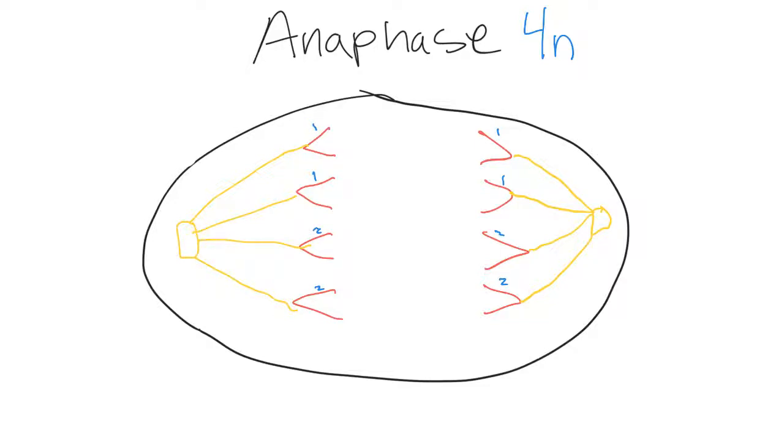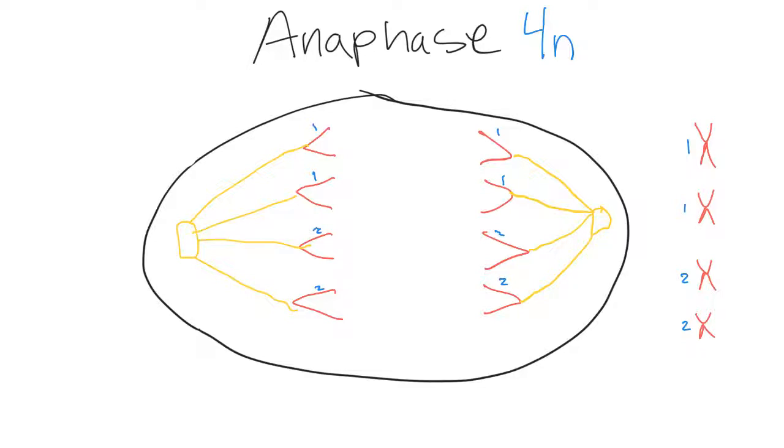Whereas before, in metaphase, you had 2 copies of each. Does that make sense? Okay.